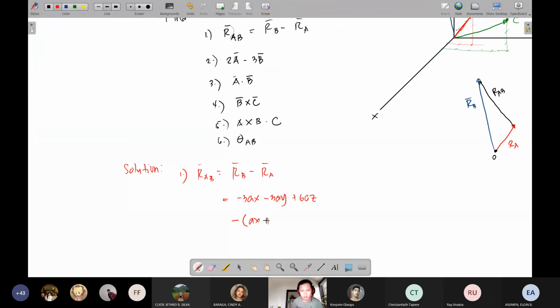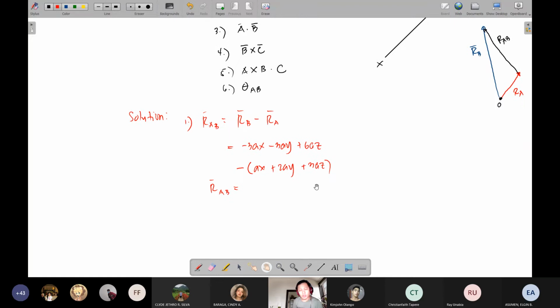Recall the algebraic operations of vectors. Since it's subtraction, you subtract components with the same directions.